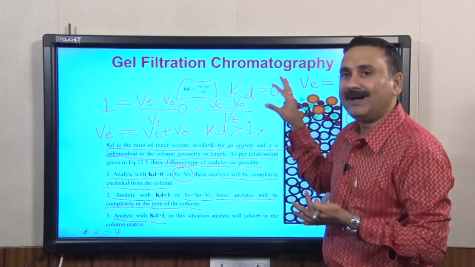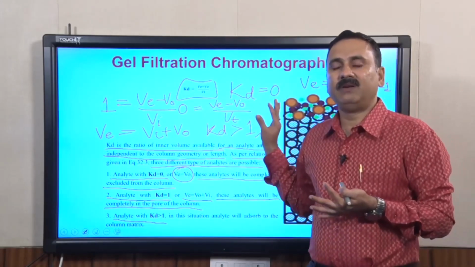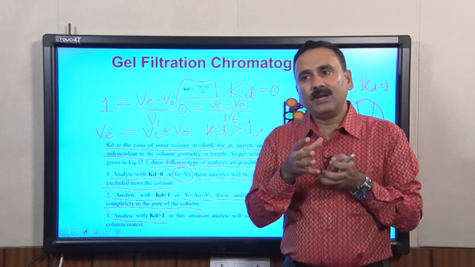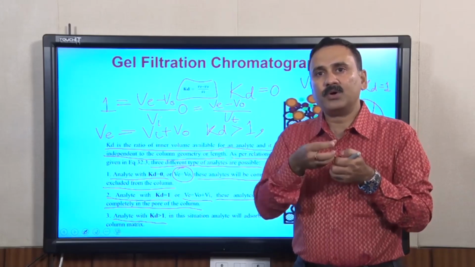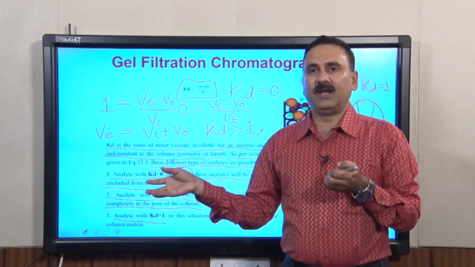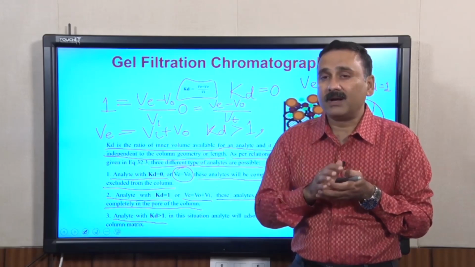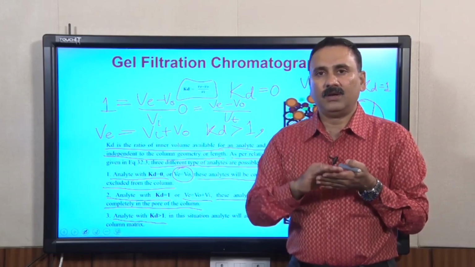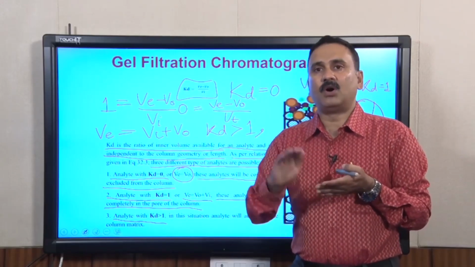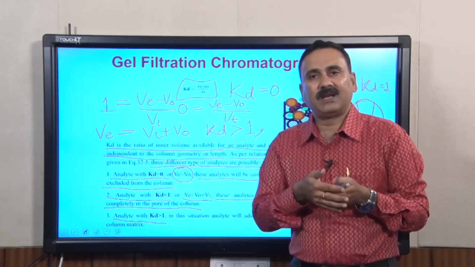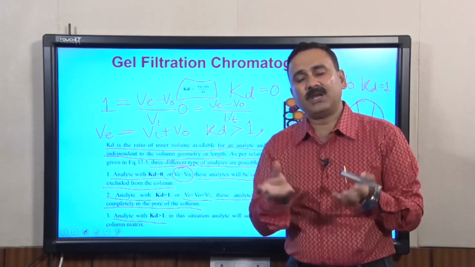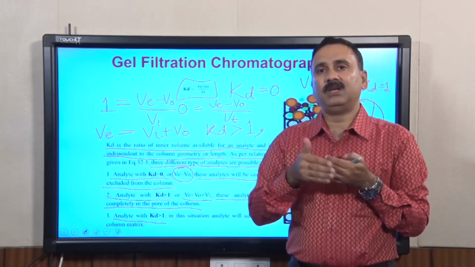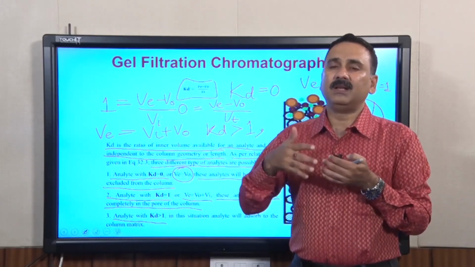So, one of the things which you have to consider while you are doing gel filtration is that the molecules are only getting exchanged between the pores and the outside area. They are not getting associated with the beads either by non-coordinate bonds or coordinate bonds or any kind of interaction, which means even if your protein has a charge, the beads are not going to associate with these molecules because of that charge.